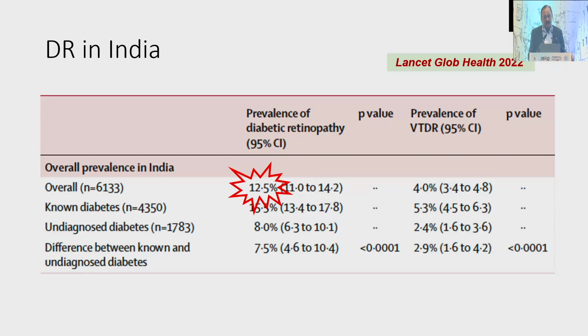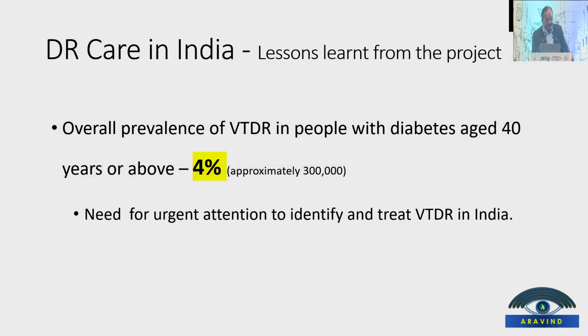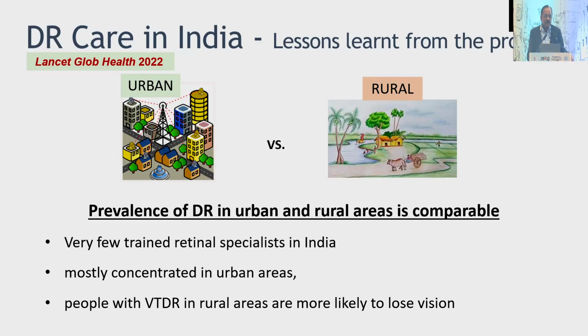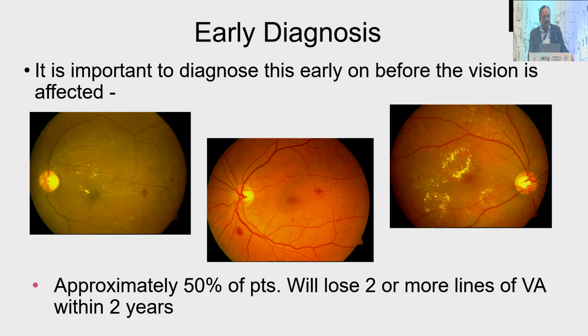The overall prevalence of diabetic retinopathy from the SMART India study was around 12.5%, and vision-threatening diabetic retinopathy above the age of 40 is about 4%, which means we really have a huge problem, and there's no difference between rural and urban areas.